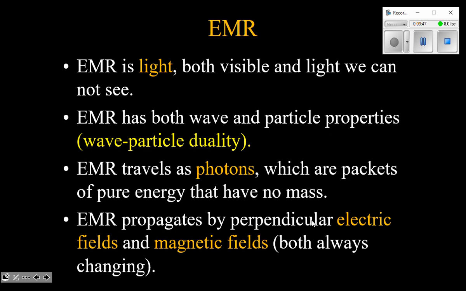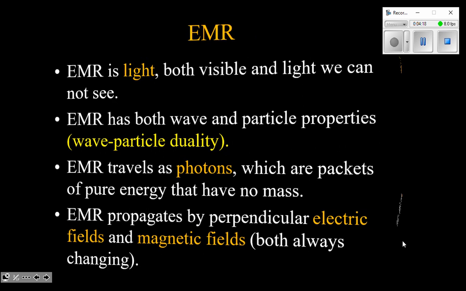The direction of the electric field is perpendicular to the direction of the magnetic field, which then is perpendicular to the direction that the photons are traveling, the direction of their propagation. But these electric fields and magnetic fields are always changing. A changing electric field produces a new changing magnetic field. Then that new changing magnetic field, because it's changing, produces a new electric field. And then the new electric field produces a new magnetic field, and so on and so on. I'll show that here in just a second.